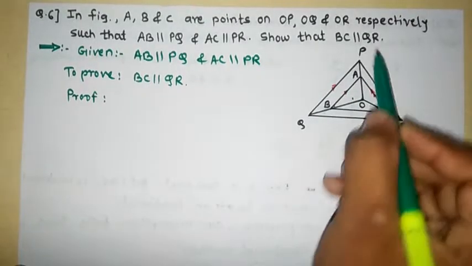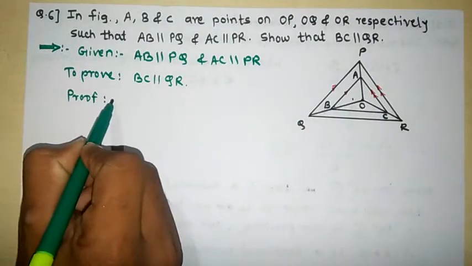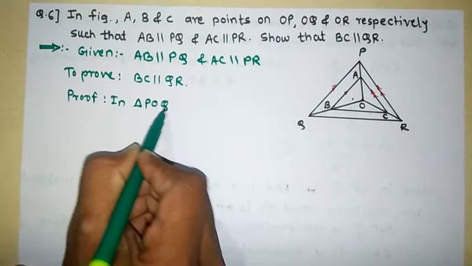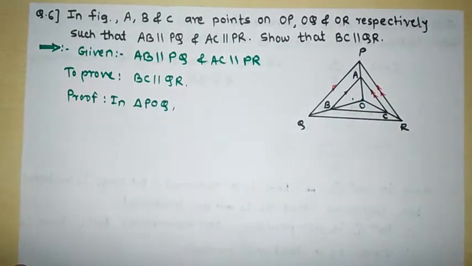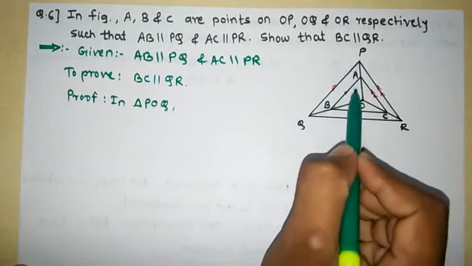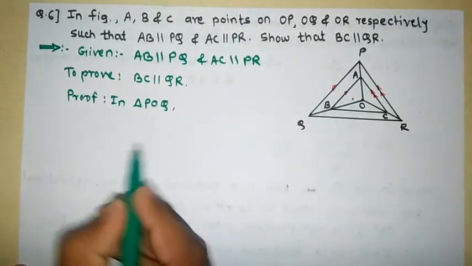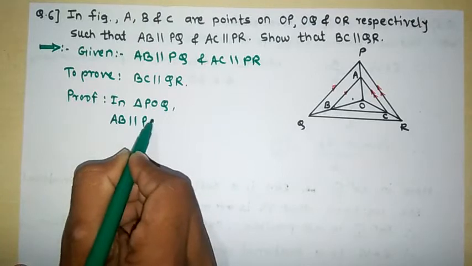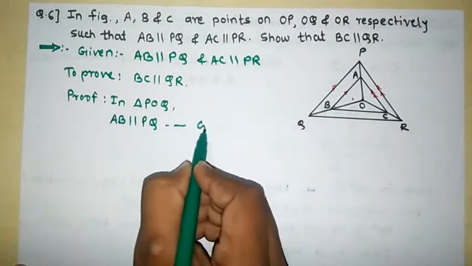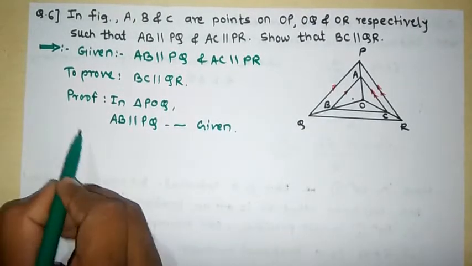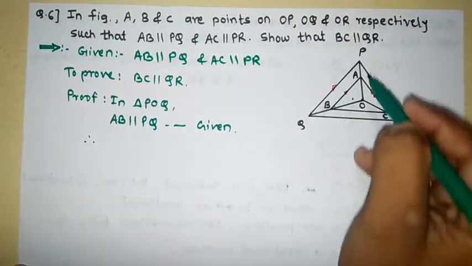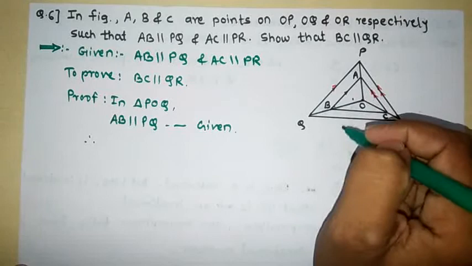Now see in triangle POQ, what is given. In triangle POQ, AB is parallel to PQ, it is given. What is the reason? It is given. Therefore, if AB is parallel to PQ, can we apply the BPT theorem here?